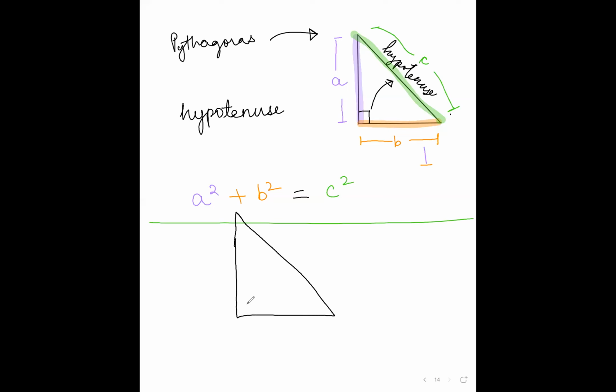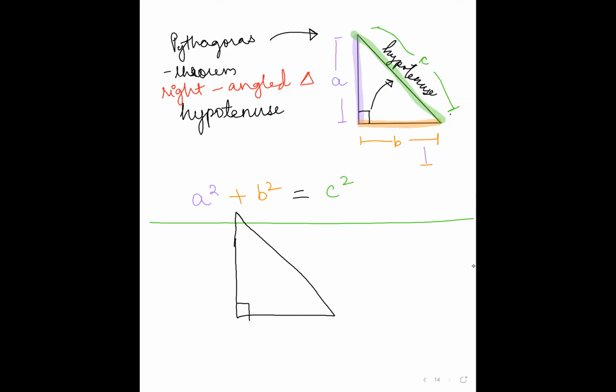Just remember that for the Pythagoras theorem, you need to have a right angled triangle. This won't work if you have any other type of triangle.